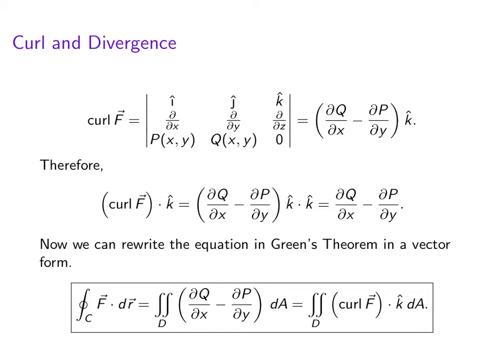So this first equation here, that's what Green's theorem told us. What we're doing now is rewriting the integrand as curl of F dot k. So in the end, the way that you really should remember Green's theorem is by setting these two things equal to each other. It's really these two that are equal, and then you don't have to worry about remembering this dQ/dx minus dP/dy thing.